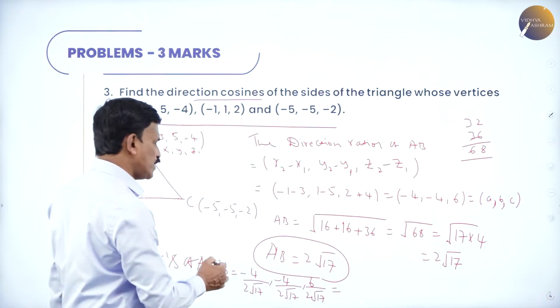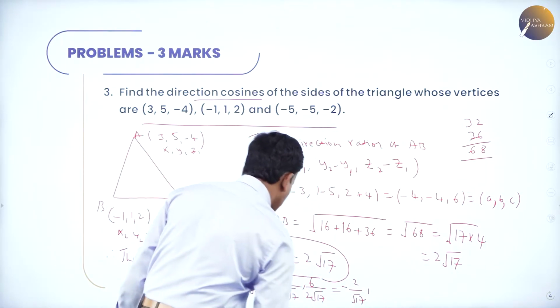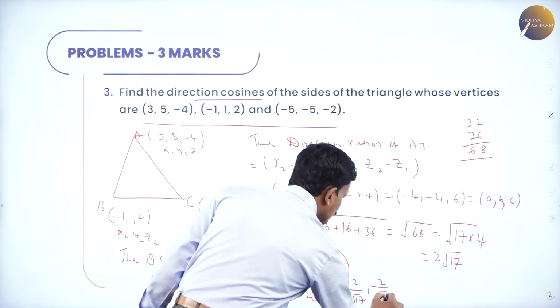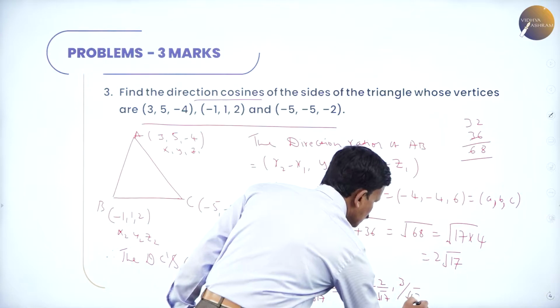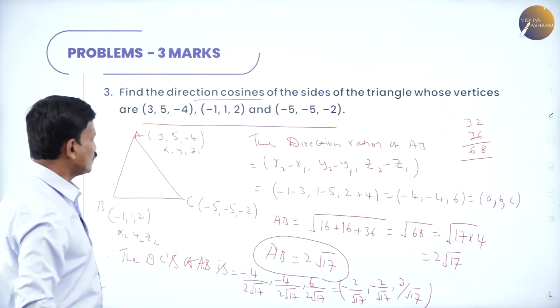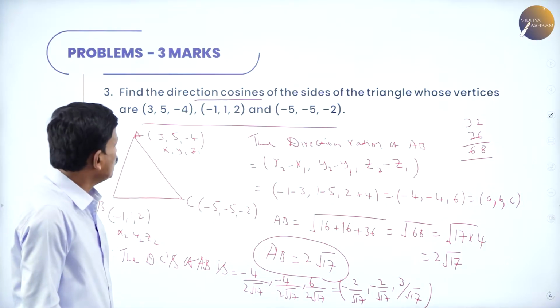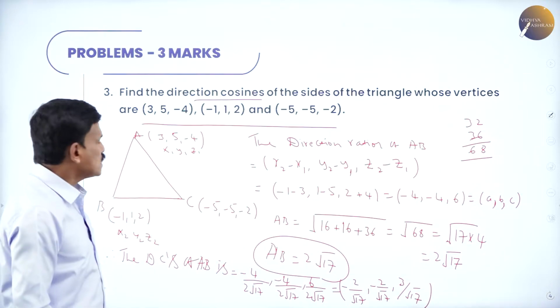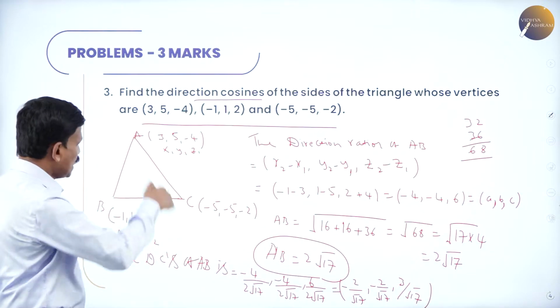The 2 gets cancelled: minus 2 by root 17, minus 2 by root 17, 3 by root 17. These are the direction cosines of AB. Similarly, find out the direction cosines of BC and AC.